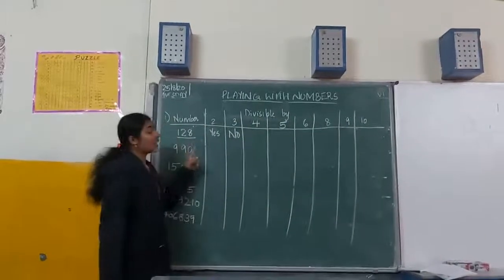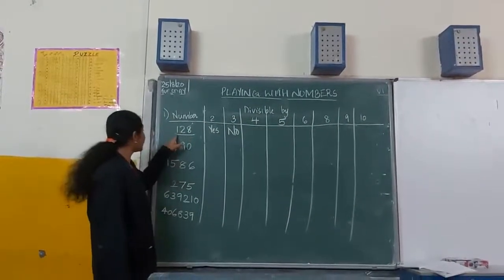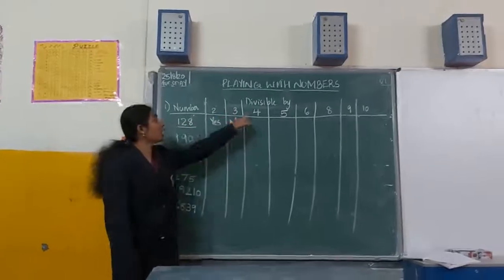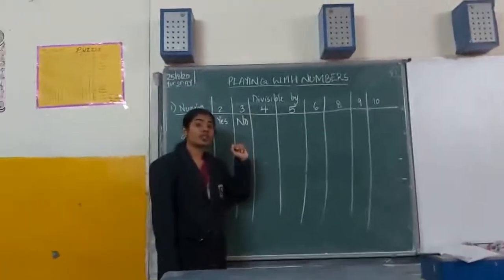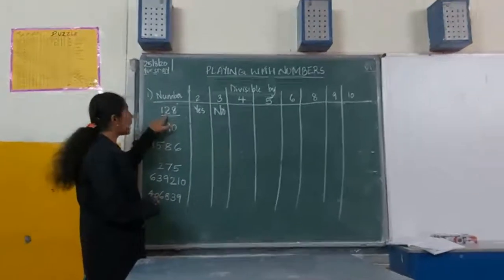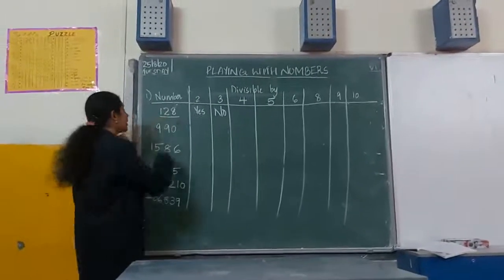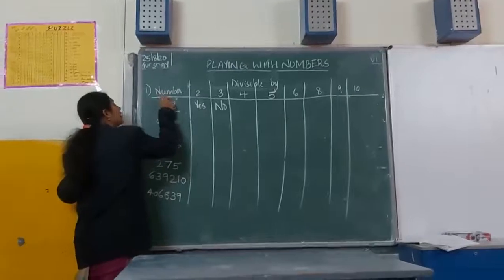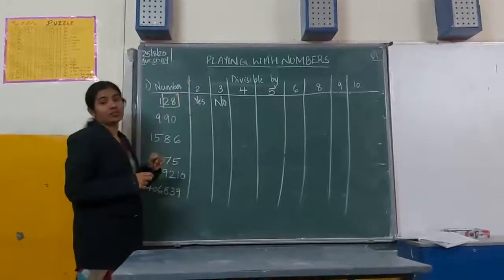See, next what we should check? Check the divisibility by 4. How to check the divisibility by 4? See the last 2 digits of that number. What is that? 28.